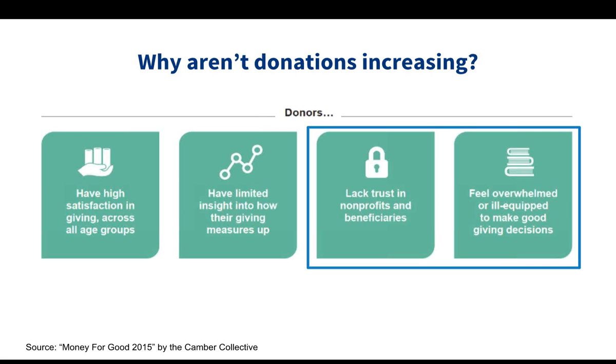And the couple that I want to focus on today are lack of trust in nonprofits and their beneficiaries and feeling overwhelmed and ill-equipped to make good decisions. And these are things that on your website and in your online presence, you can directly combat and directly help to support organizations in feeling more trustful and feeling more equipped in the ways that they want to sort through information.